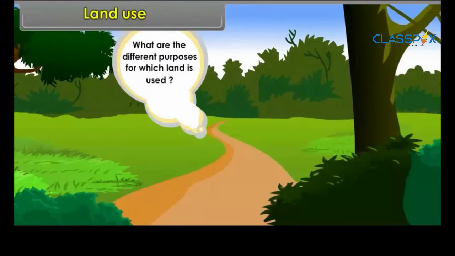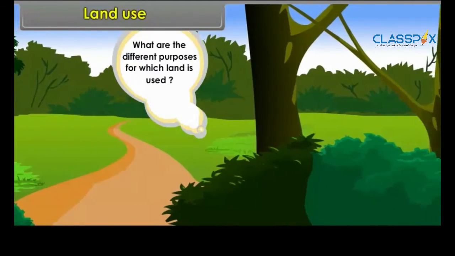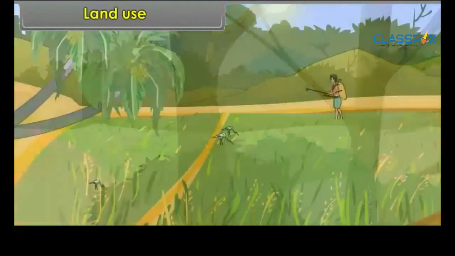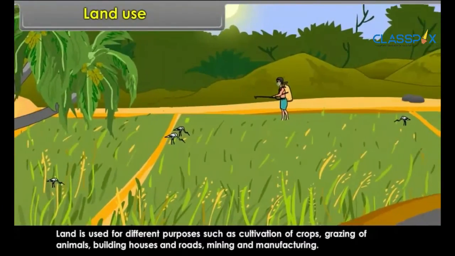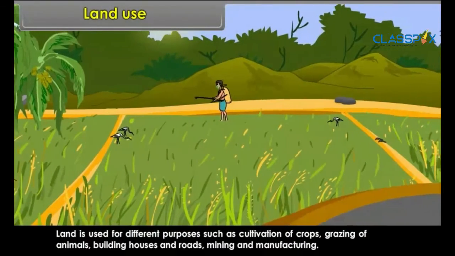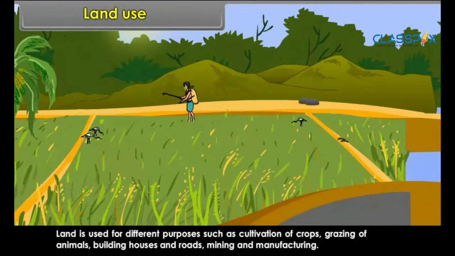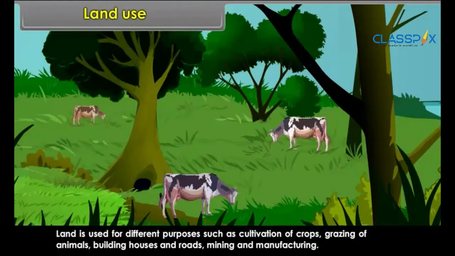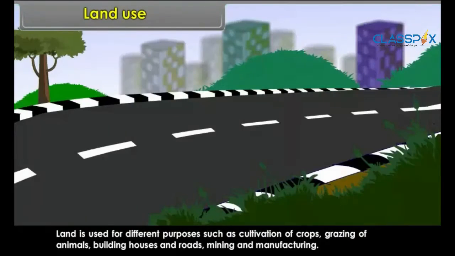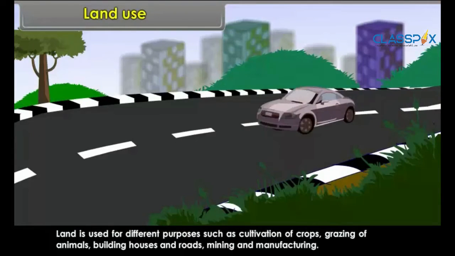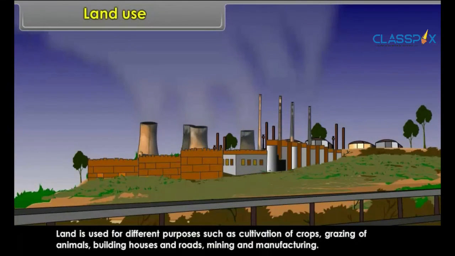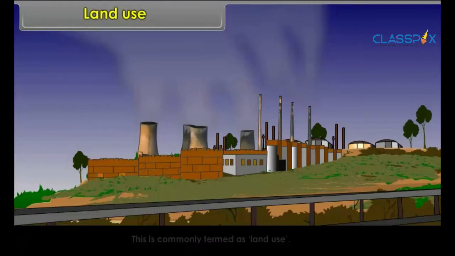What are the different purposes for which land is used? Land is used for different purposes such as cultivation of crops, grazing of animals, building houses and roads, mining and manufacturing. This is commonly termed as land use.